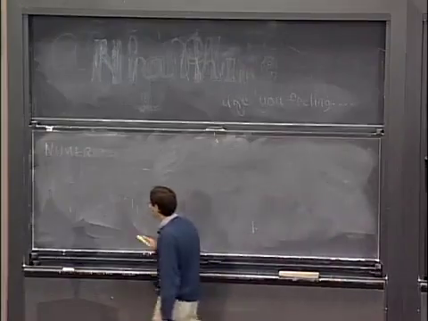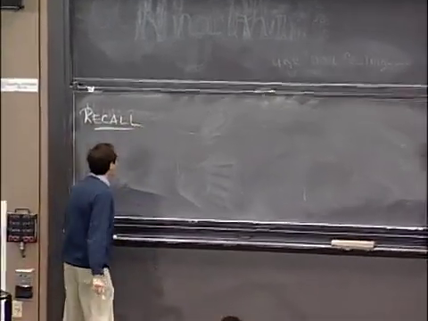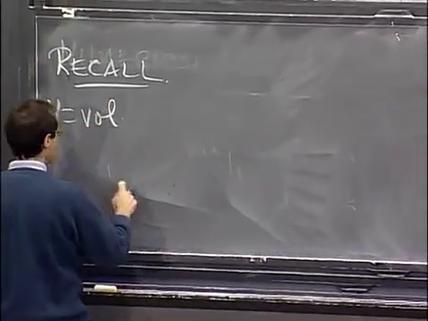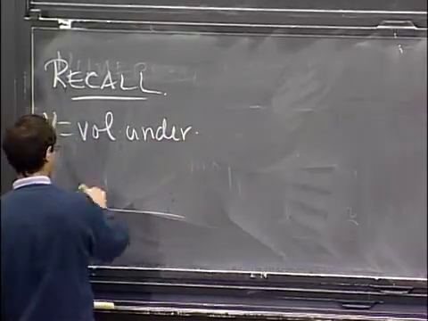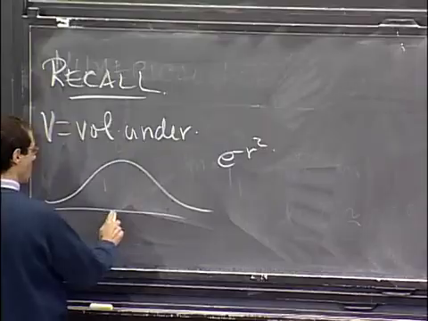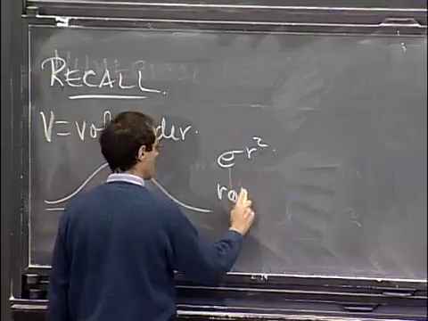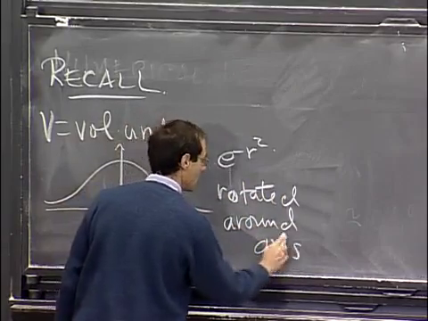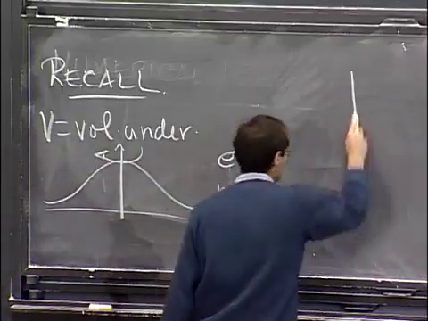So the first step, which is just something that we already did, was that we found the volume under this curve, this bell-shaped curve, e to the minus r squared, but rotated around this axis. All right, so we figured that out, and that was a relatively short computation.